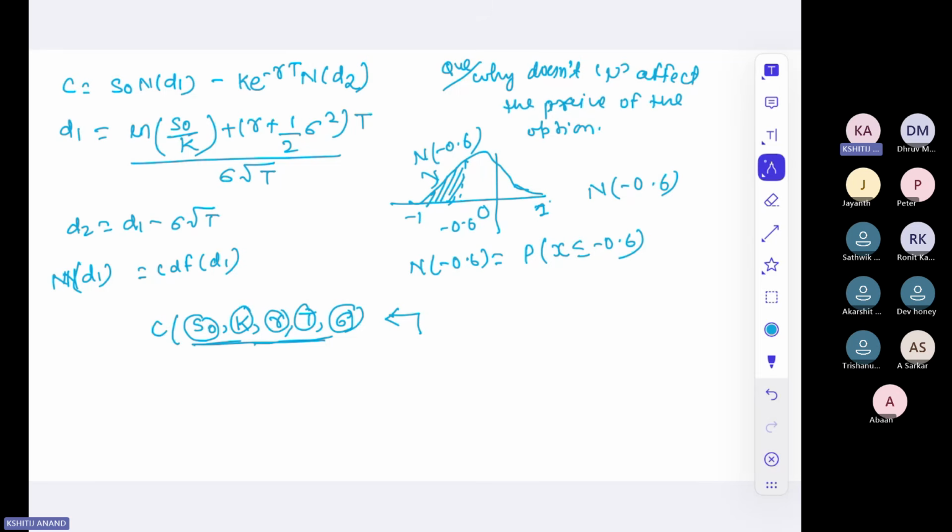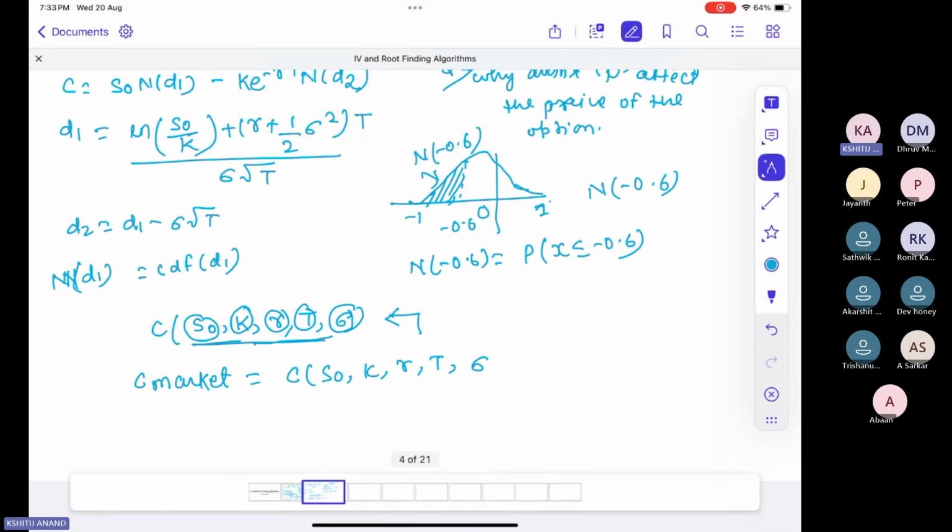What people in the market have started doing is they inverted the problem. You already have the market price of that option. Any option, you have the market price from the exchange. So what you do is, given S naught, K, R, T, what value of sigma will give me this particular market price of that particular option? Let us say the Microsoft option that we are constantly talking about has a price of 10.